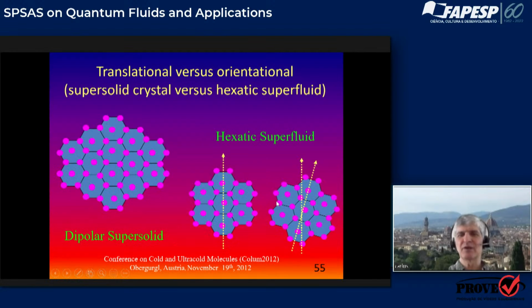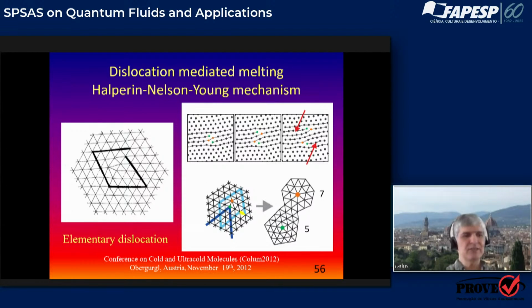Or rather, they can still be phase coherent, I should say. It's no longer well connected because you lost the translation invariance. This domain here is rotated with respect to the other one. But locally, you still have superfluidity and hexagonal symmetry. So that leads also to some melting possibility for the supersolid phase.